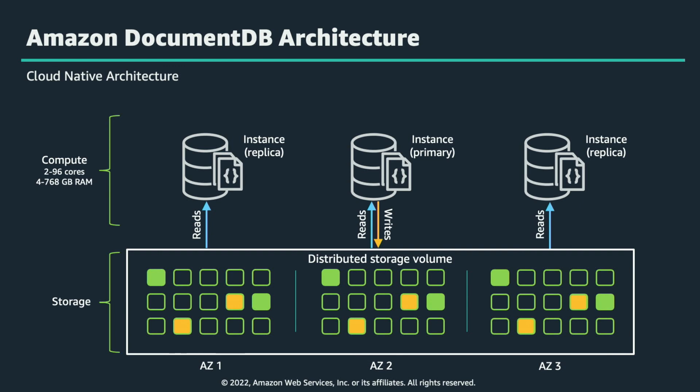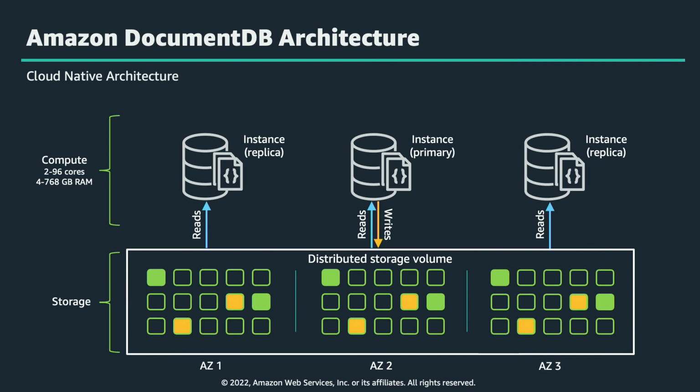All right, so the architecture with this separation of storage and compute, is where you start to see a lot of interesting capabilities. At the top of the diagram, you see the compute layer. We see in this example, there's 3 instances. There's a primary, and there are 2 replica instances. In terms of compute, a DocumentDB cluster can have as few as 1 or as many as 16 instances.